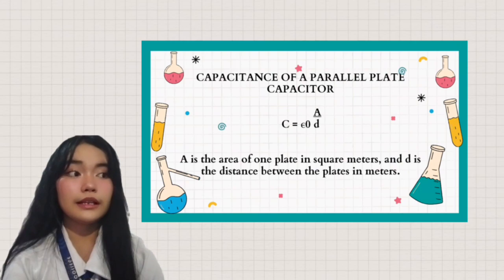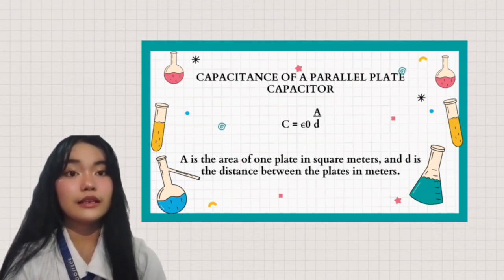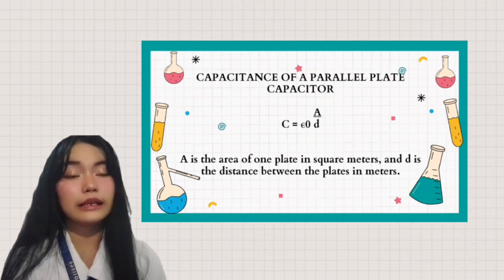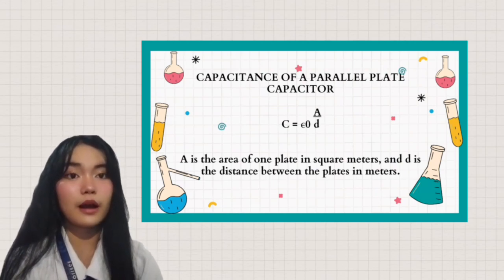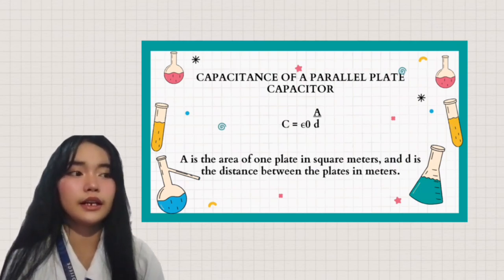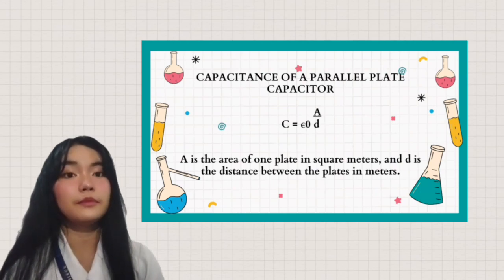The formula provided in our presentation is the capacitance of a parallel plate capacitor, wherein the letter C is the capacitance and epsilon naught is the vacuum permittivity constant, approximately 8.85 times 10 raised to the power of negative 12 F per m. The letter A is the area of one plate in square meters, and the letter d is the distance between the plates in meters.